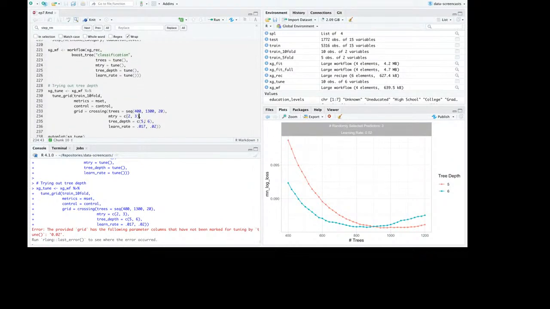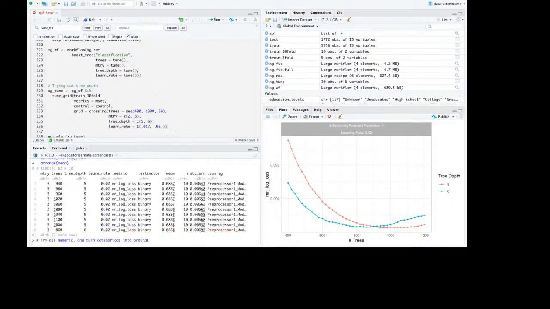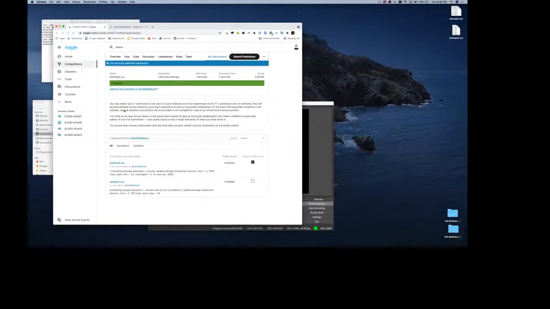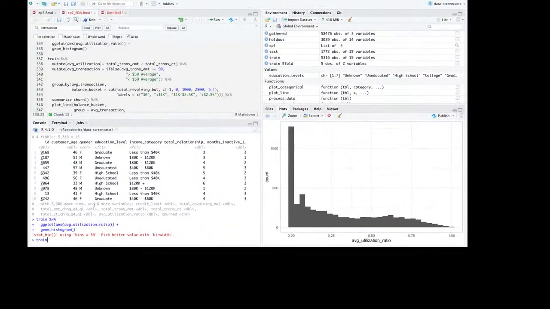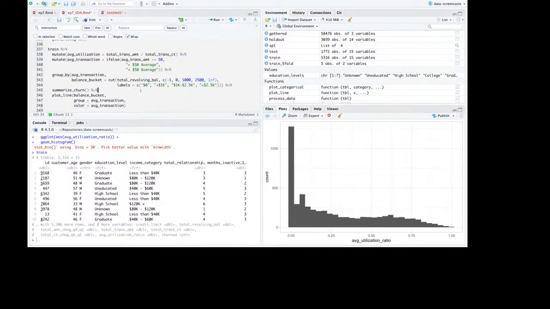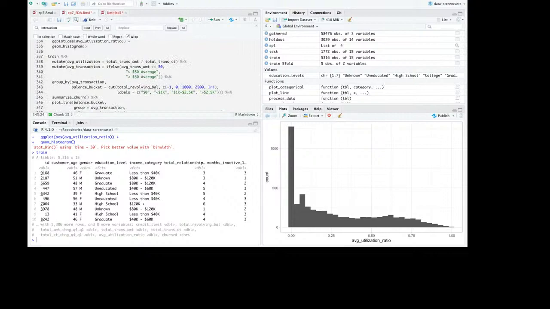Yep, tune learn rate, tune tree depth. Oh yeah, average utilization ratio. So here we go, average utilization.